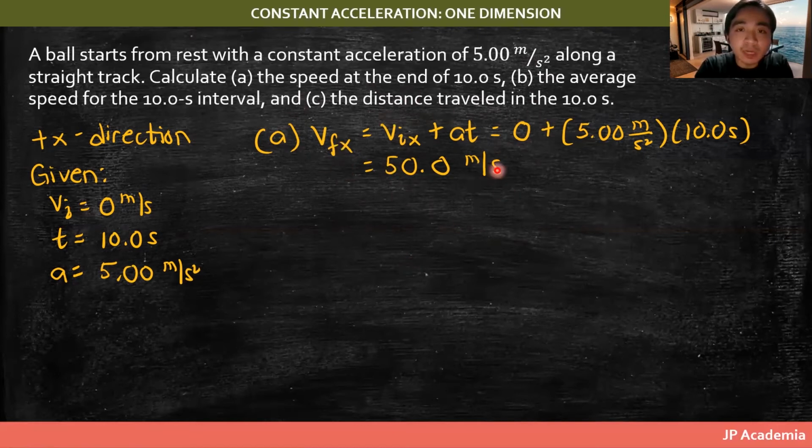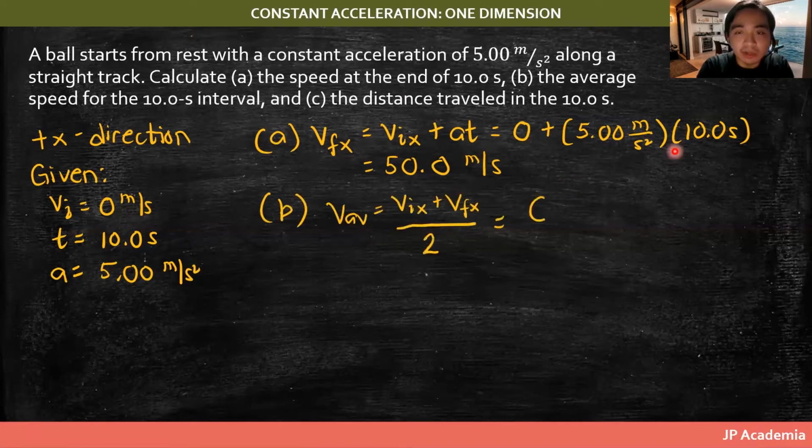Itong formula na to, magagamit na gamit to kapag, of course, constant si acceleration, given si acceleration, and alam mo yung time, binigay yung time. Okay? Then another formula tayo later na kapag walang time, pero binigyan ka ng, let's say, ng displacement or ng position niya, may another formula for the final velocity, pero later na yon.